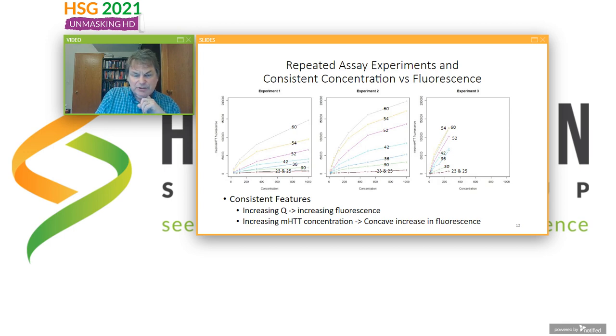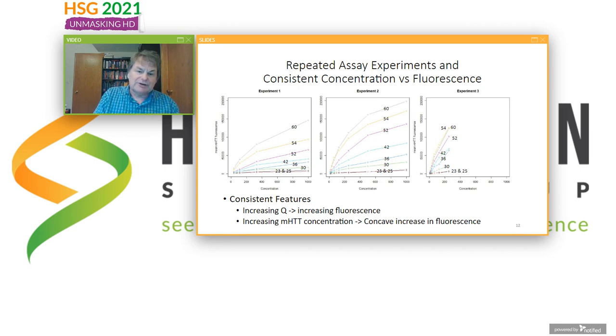Dr. Southwell shared data with me from 3 different controlled experiments where the control was both a known concentration of mutant Huntingtin and also known polyglutamine length, Q length, within the samples. So this is very similar to what Steve had shown a couple of slides ago.